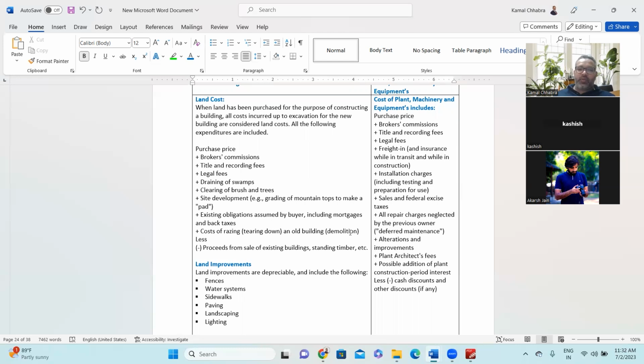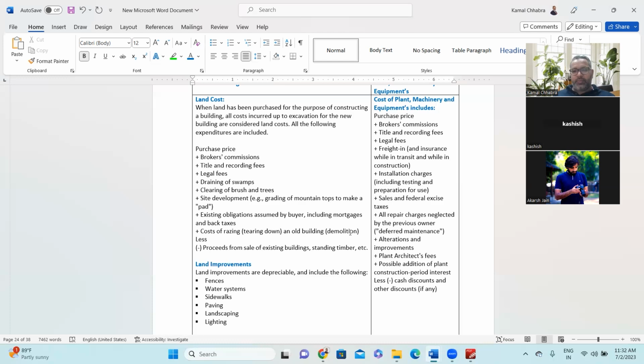Any draining or swamp expense you have incurred, any clearing of bushes and trees. For example, you got a forest land and you want to make a 5-star hotel. There might be a lot of additional costs for cutting the trees, taking the approval of the forest department, taking approval from the local government and central government, right? So all those expenditures will come in the cost of the land, right?